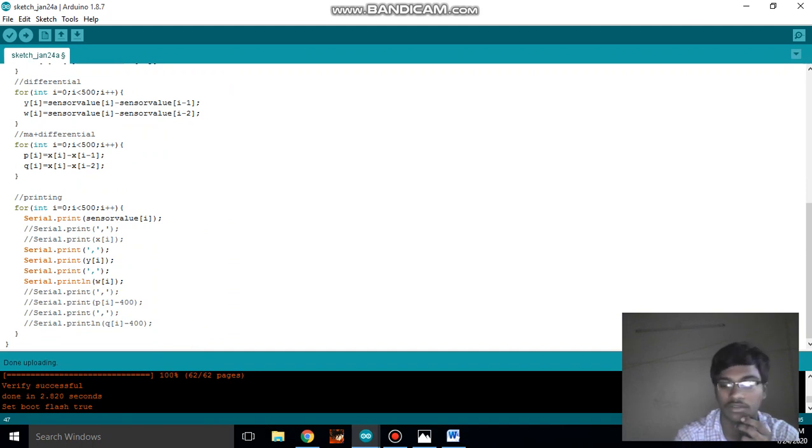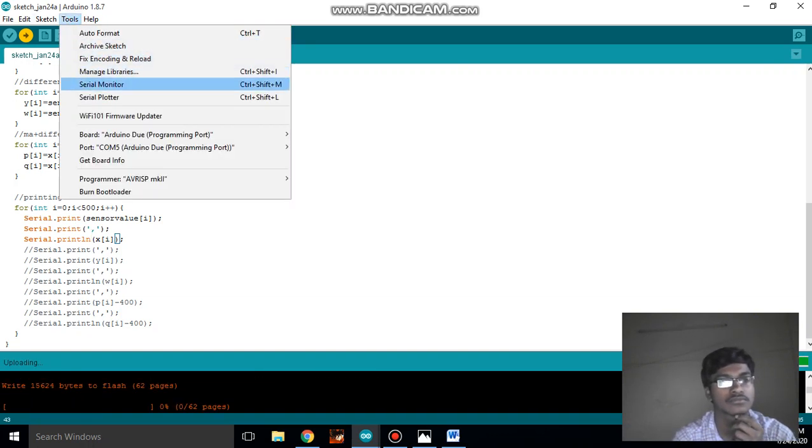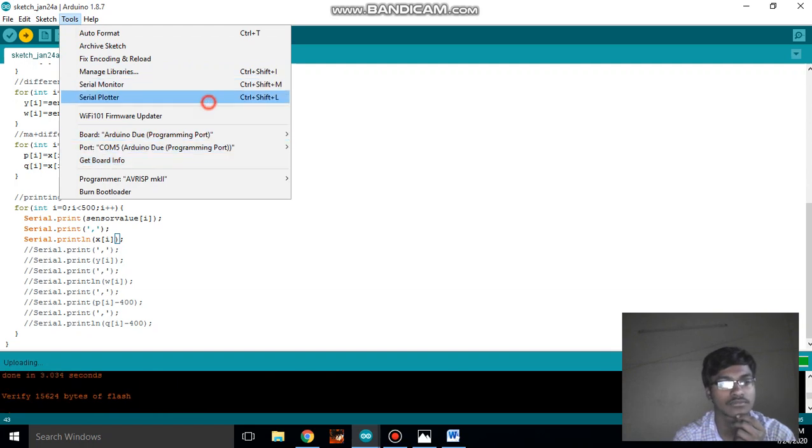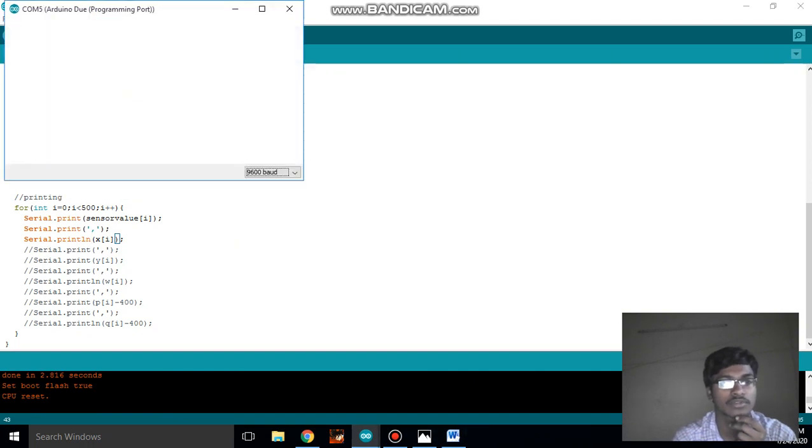So I'm putting the differential outputs in comments. Now we can observe the output of the MA filter with length 400. I'm uploading it. I'm opening the serial plotter.